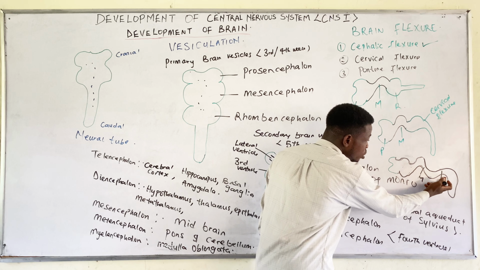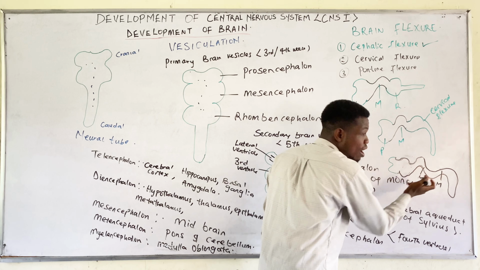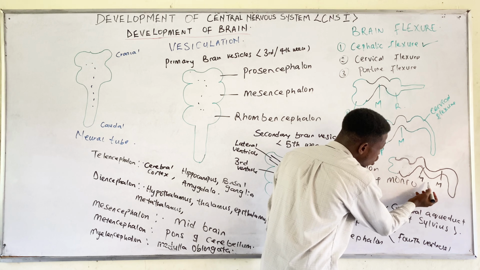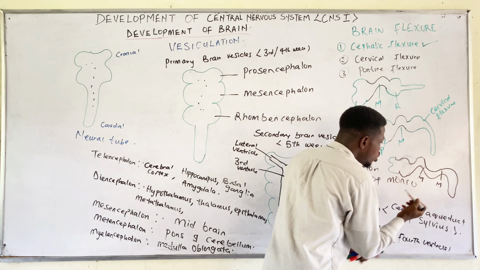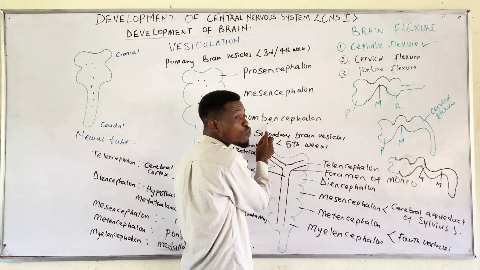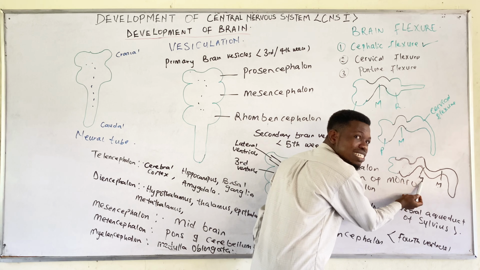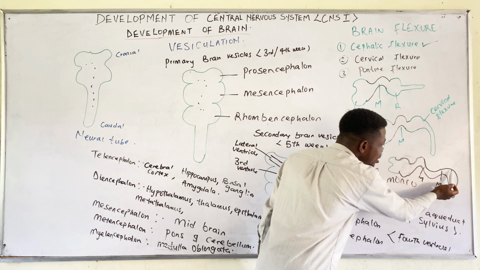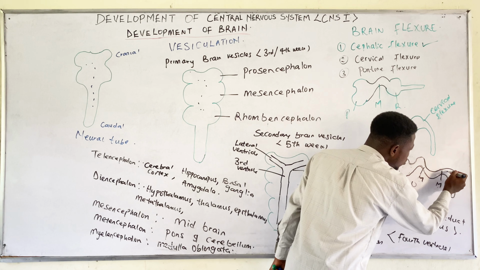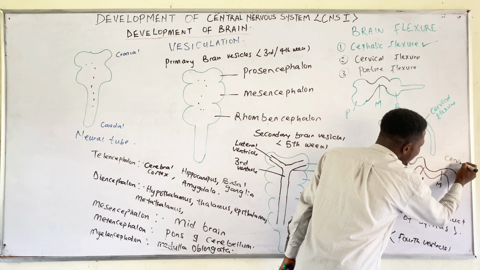Now this is the last flexure here, which is the what? Cervical flexure, which occurs at the junction of the two. These two are what we call the rhombencephalon, because they come from the rhombencephalon. So at the junction of these two, the metencephalon and the myelencephalon, with the spinal cord, there is now a flexure we call the what? Cervical flexure.